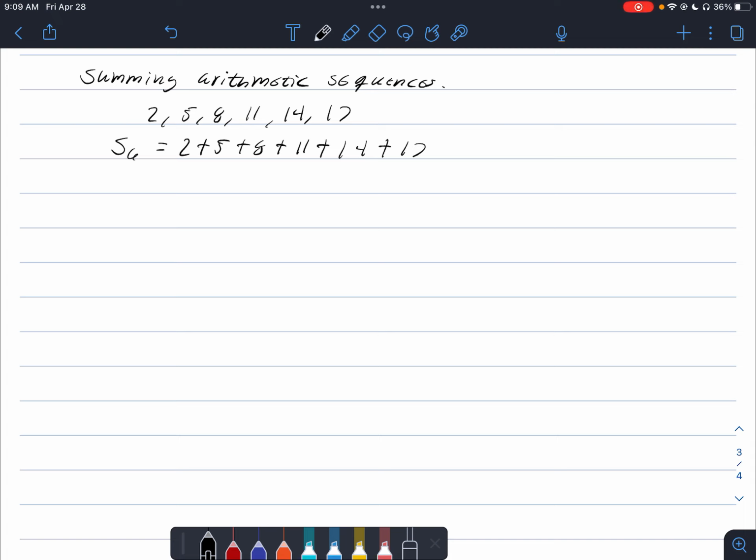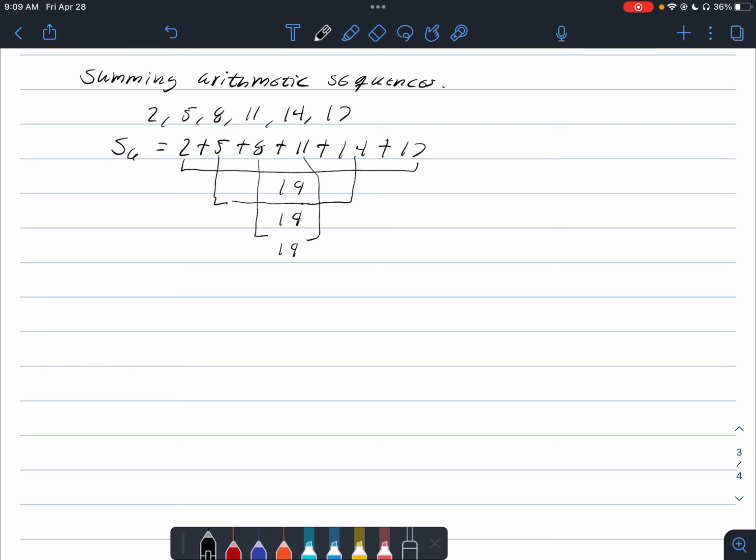Okay, so what we can notice is the sum of 2 and 17 is 19, right? The sum of 5 and 14 is 19. And the sum of 8 and 11 is 19, right?